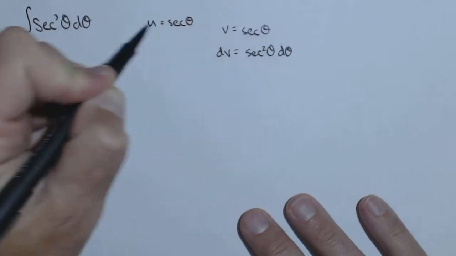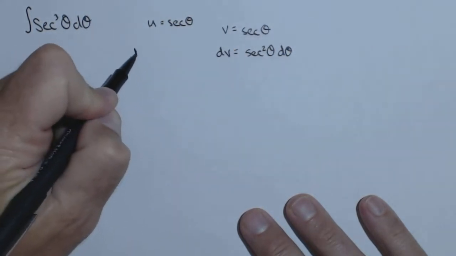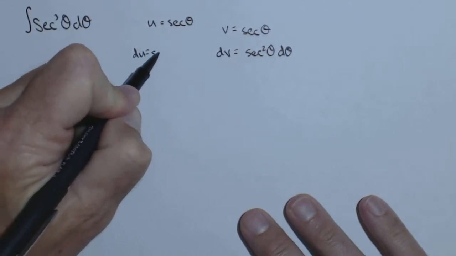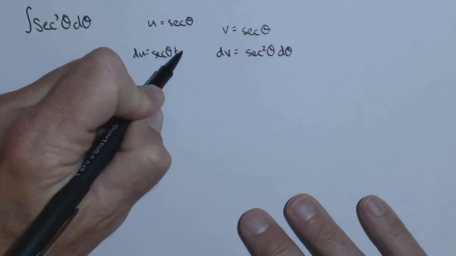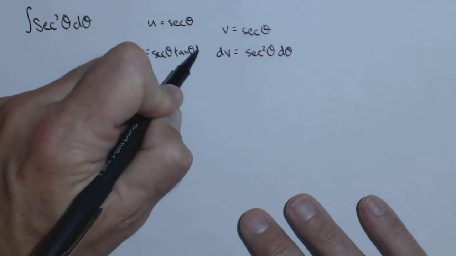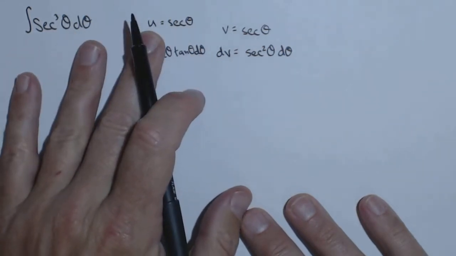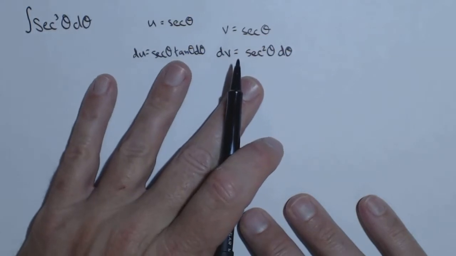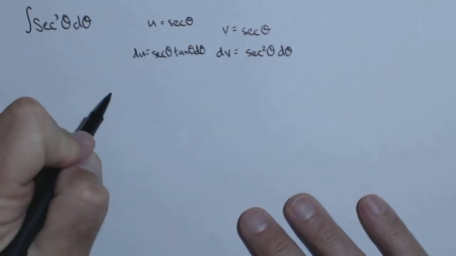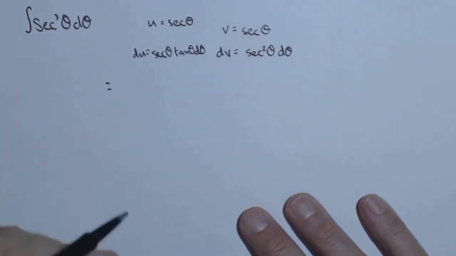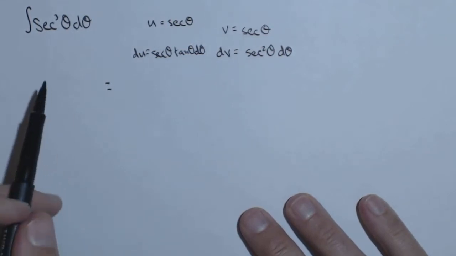It's tangent theta. And the derivative of u, we also know, is secant theta tangent theta d theta. So my choices were based on the fact that I know the derivative of secant very easily and the antiderivative of secant squared very easily. So that may help when you're doing integration by parts with how you choose these things.